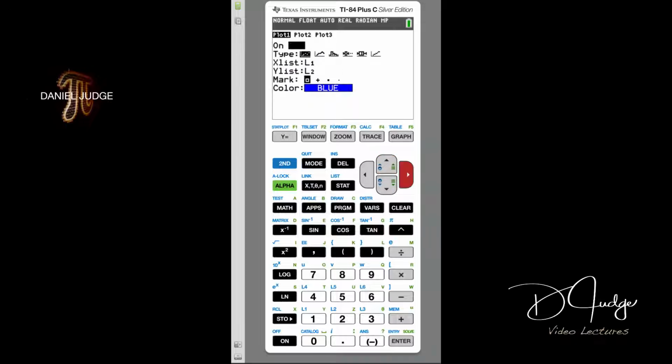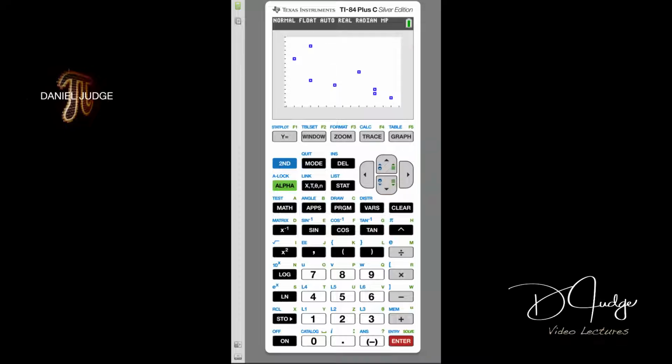There we go. It was off. We have to make sure it is on. And it is on the first one, and that's what it's supposed to be. So make sure your Plot 1 is on, and it's on that first scatter plot. So now when you hit Zoom, scroll down to 9, we should have a scatter plot. And sure enough, we do.